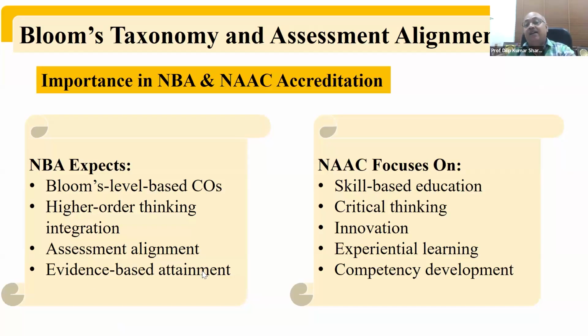Evidence based attainment: there should be evidence, no ambiguity. You must also be able to define why the attainment score is high and why it is low. The paper should have all kinds of difficulty levels.